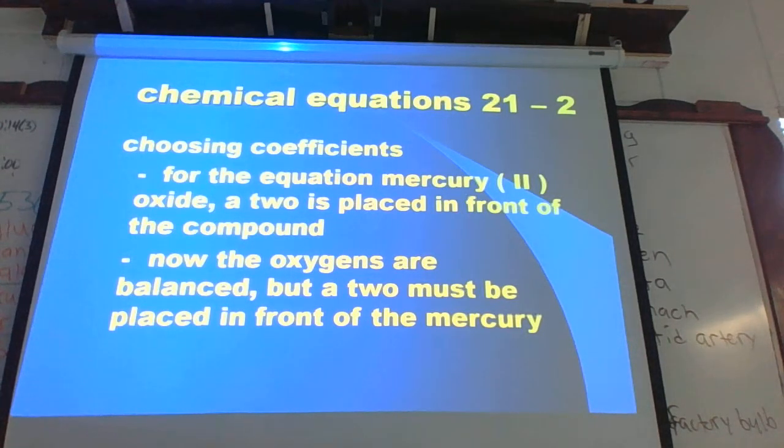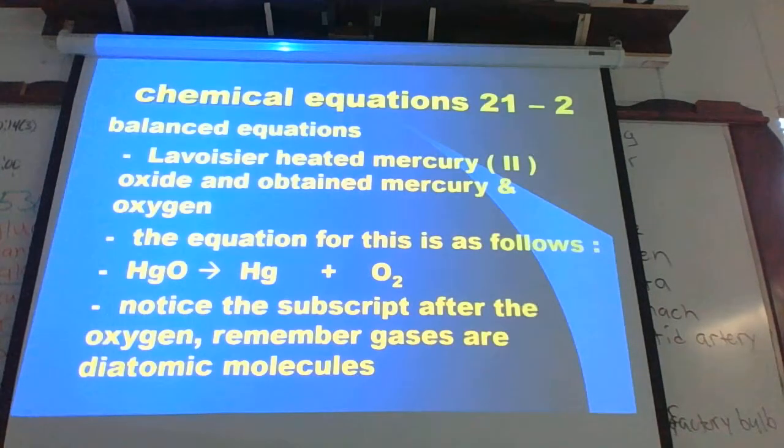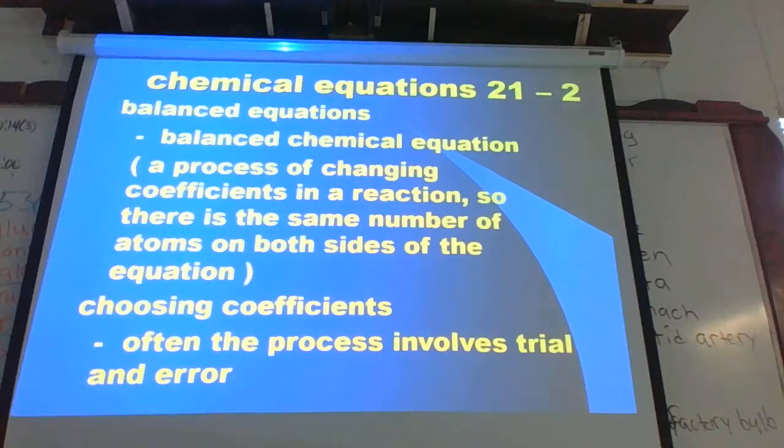In order to do that, it was theorized at one point that mercuric oxide, or HgO, would then decompose into its associated parts, which would just be mercury and oxygen. And one of the aspects we said, please remember this, is that when we're doing this reaction, gases and halogens are diatomic molecules, and that's why that little 2 is there.